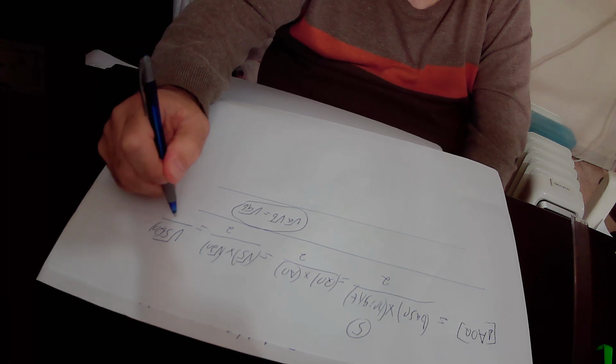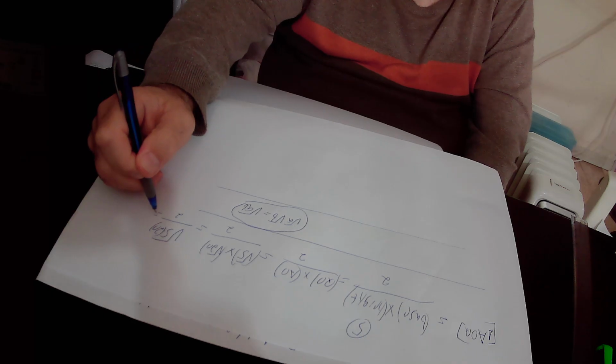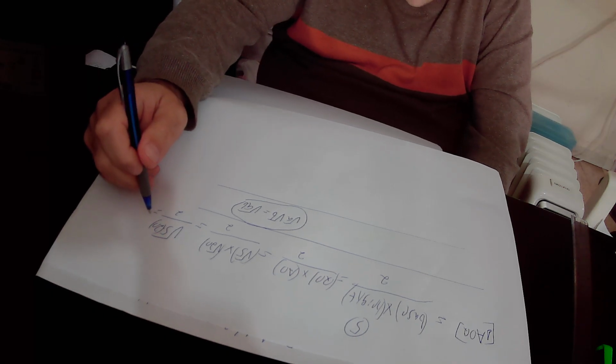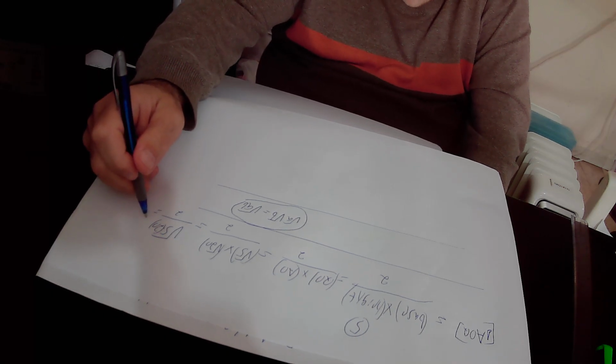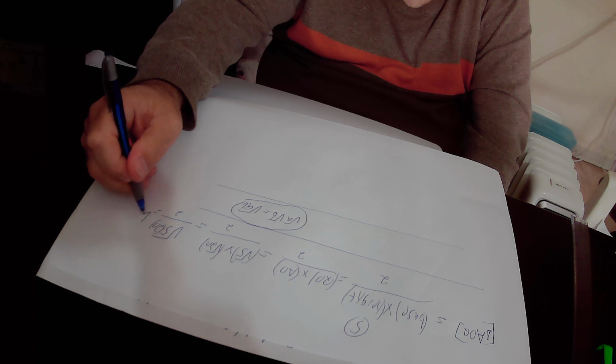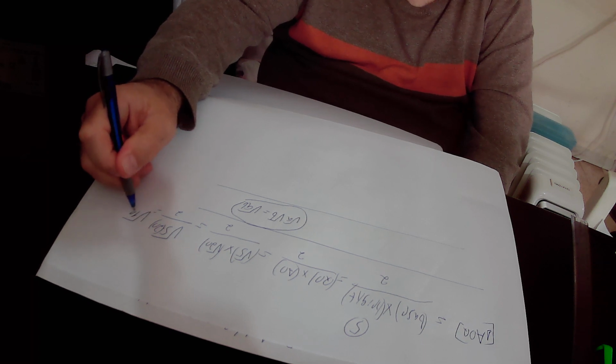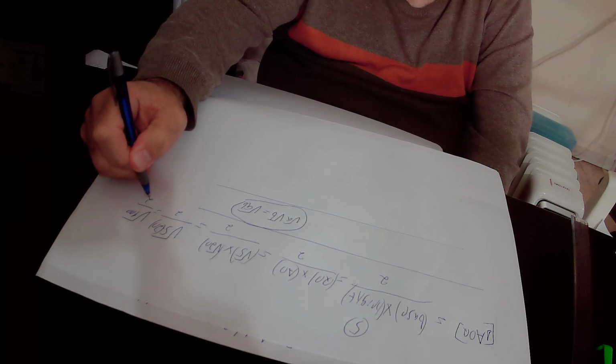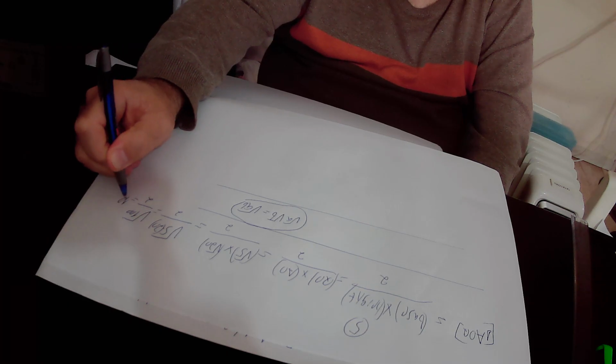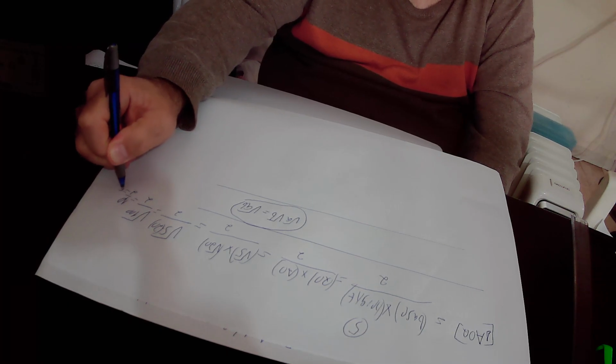all divided by 2. 5 times 20 equals 100, so inside the root we are left with 100, divided by 2. The square root of 100 is 10, and 10 over 2 is 5.